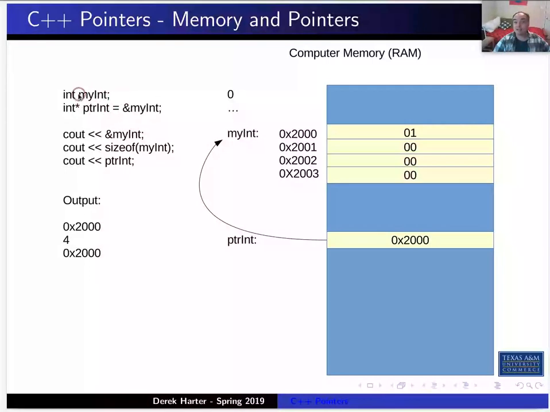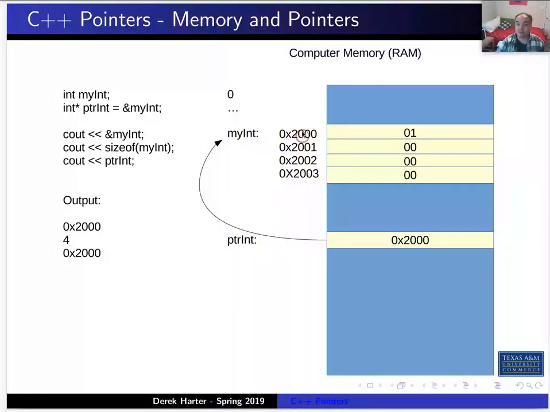My int is an integer, so integers take 32 bits or 4 bytes of memory. If you went out and looked in your computer memory, you would find my int might have been assigned memory, say starting at hexadecimal address 2000.